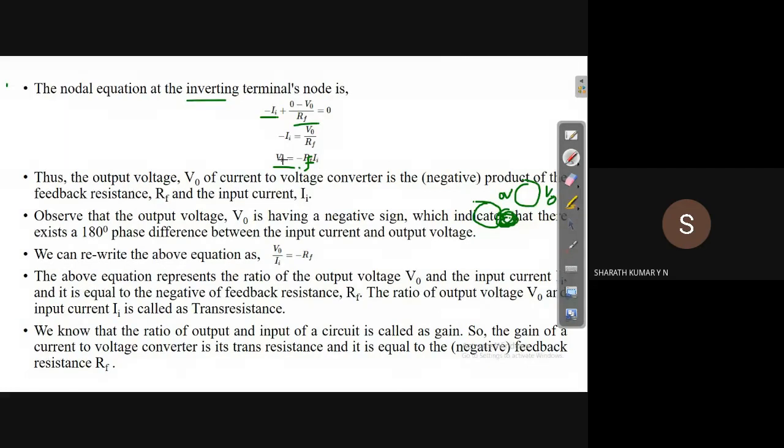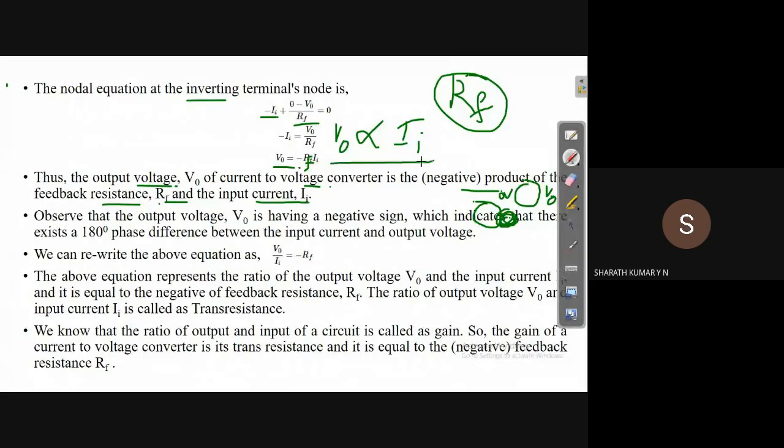V is equal to IR. Thus the output voltage V naught of the current to voltage converter is the negative product of the feedback resistance RF and the input current. For a given current source whose current is II, the voltage is V naught. V naught is proportional to II, as long as RF is a fixed quantity.